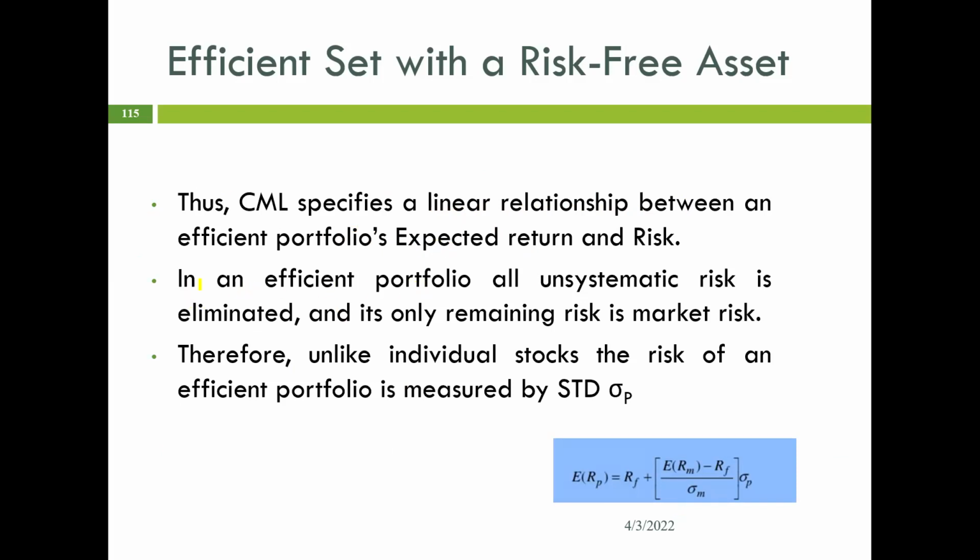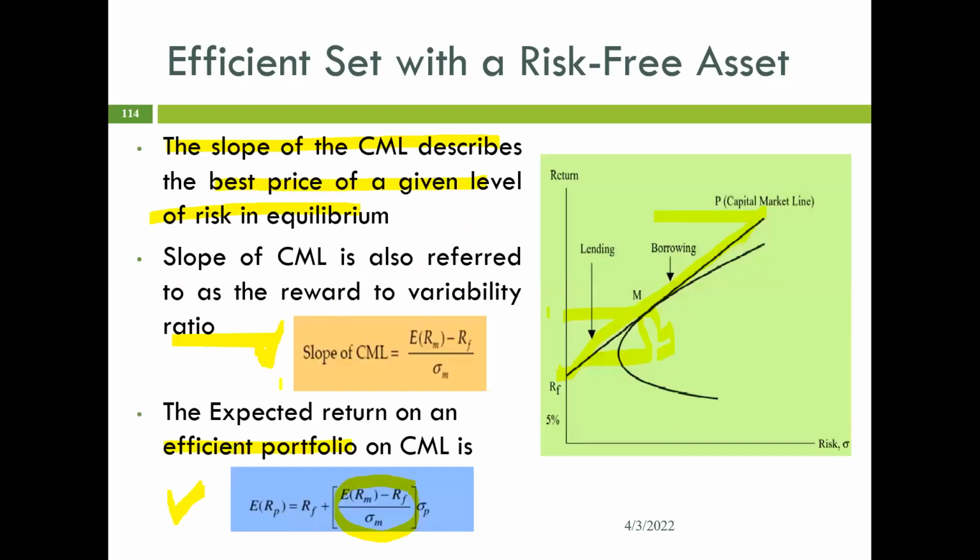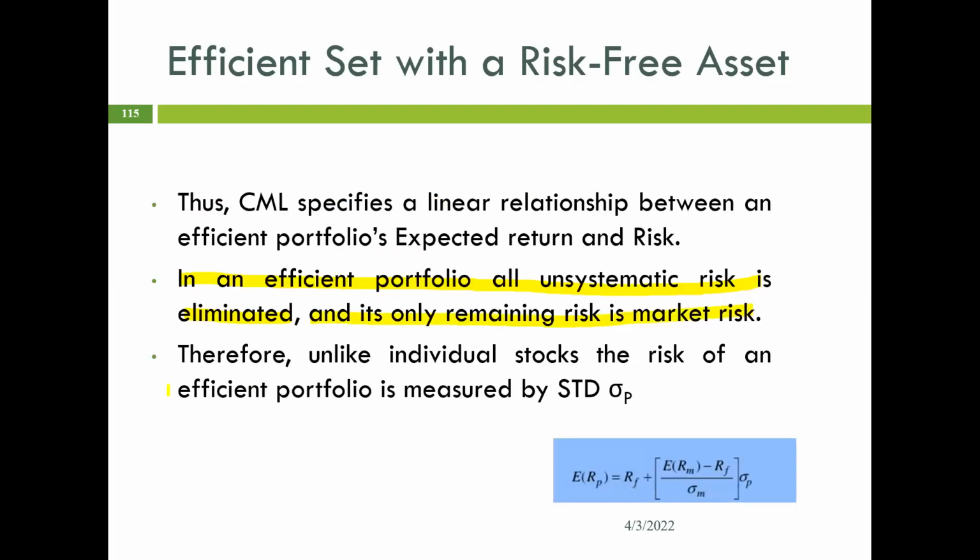In an efficient portfolio, all unsystematic risk is eliminated, and therefore its remaining risk is the market risk. In an efficient portfolio, all the unsystematic risk is diversified away. So the remaining part is only the market risk.